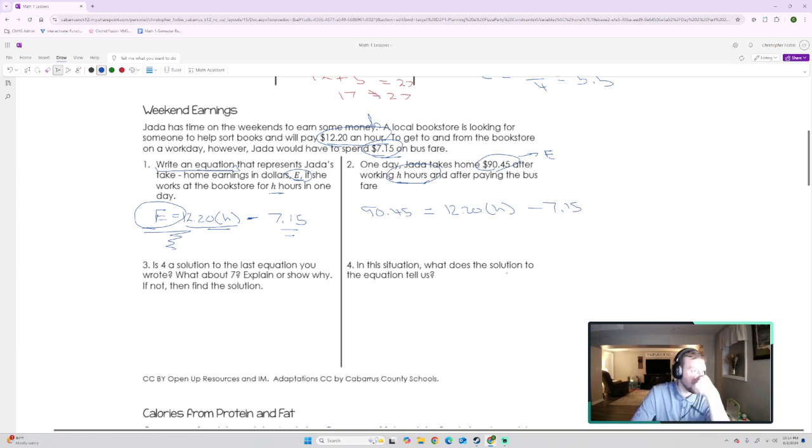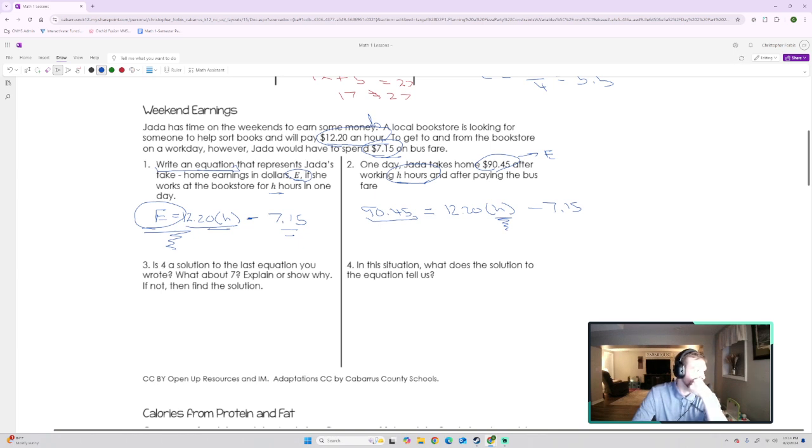So if I were to find the solution H for this, then I would know how many hours it took for her to make $90.45. But again, all I wanted us to do in number 2 is just write the equation. All right, we solved for the equation in the first problem. If you really want to do it on your own in this problem, go for it. Okay.